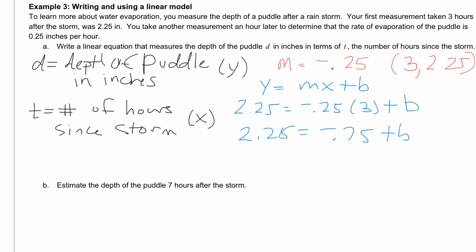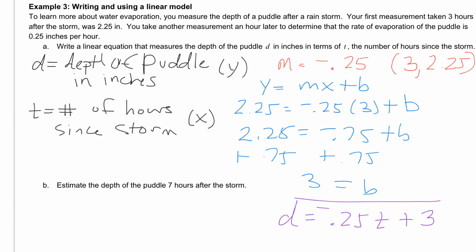And then if we add 0.75 to both sides, we get b equal to 3. So that means we can find our equation. Our equation is going to be d, remember we're putting d instead of y, equals negative 0.25 times t, we're using t instead of x, plus our y-intercept, which we found to be 3.